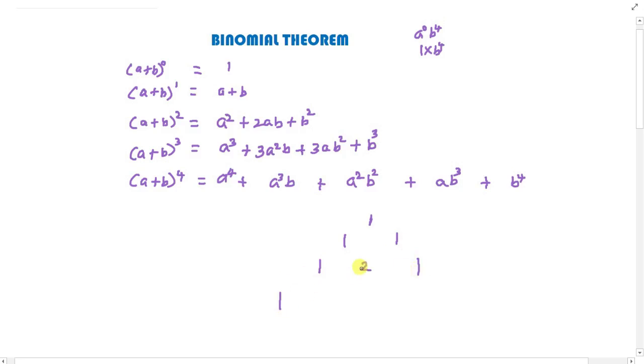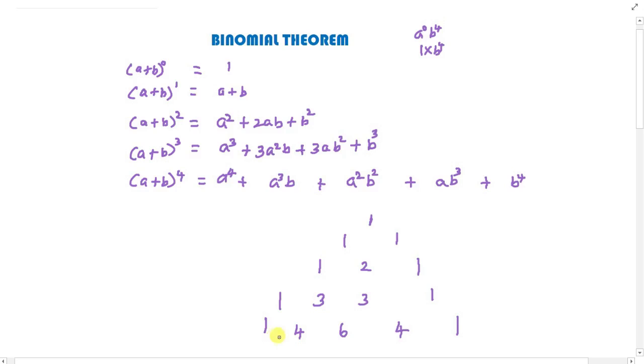Then I am adding the numbers, 1 plus 2, 3, 2 plus 1, 3. After 1 I don't have any number, so I write 1 as such. Next, 1, 1 plus 3, 4, 3 plus 3, 6, 3 plus 1, 4, 1.